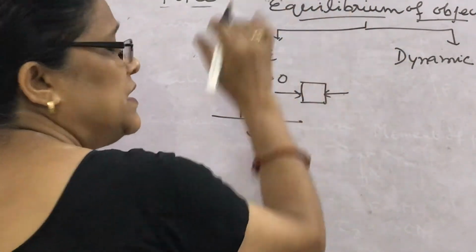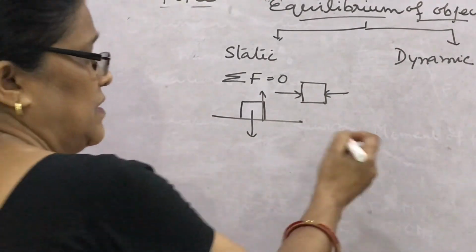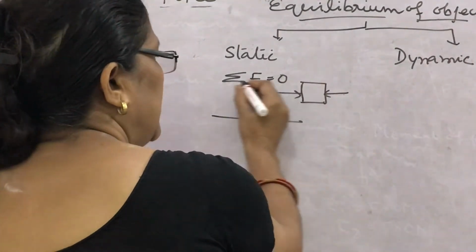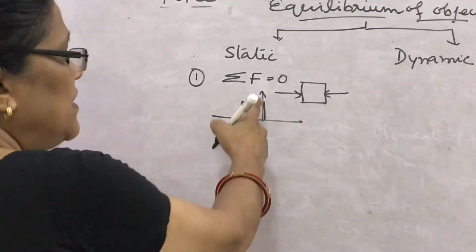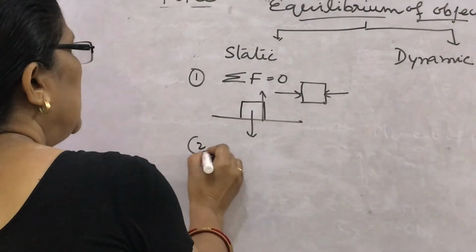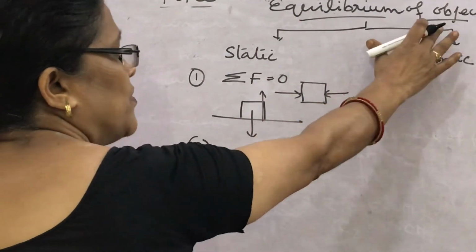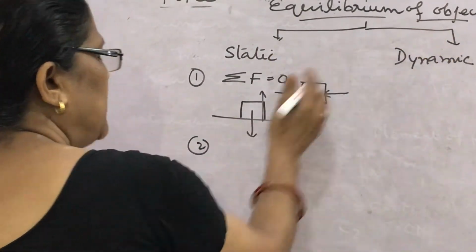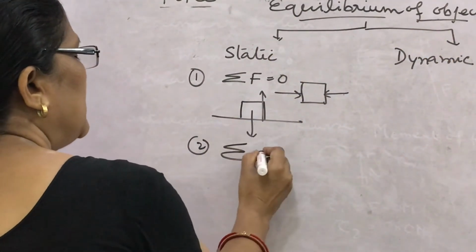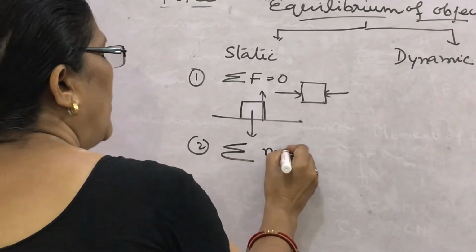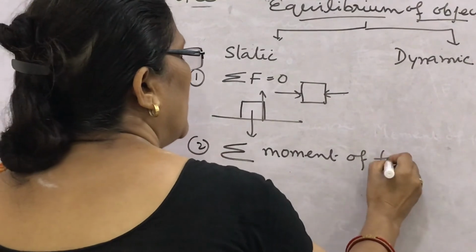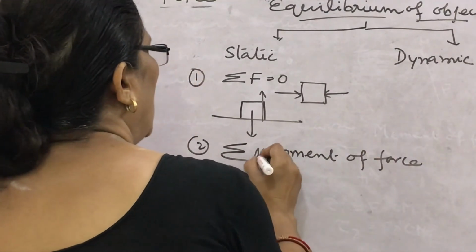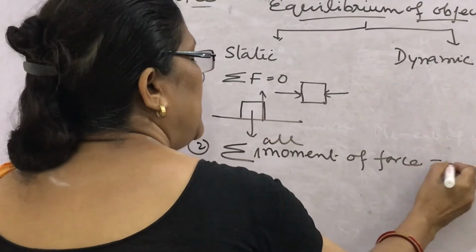What are the conditions for equilibrium? Then we can write, this is the first condition, the static one you have written, and the second condition for equilibrium of objects in general, since equilibrium is of two types, then you have to write that the sum of all moments of forces should be 0.